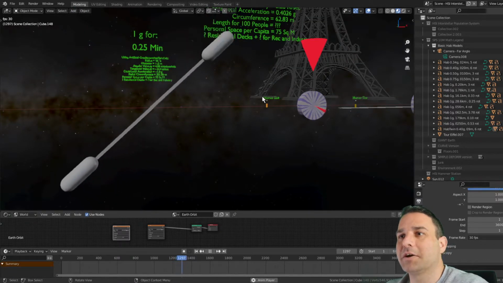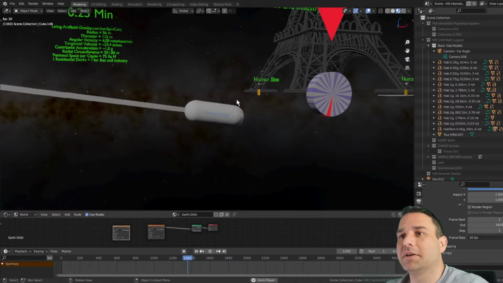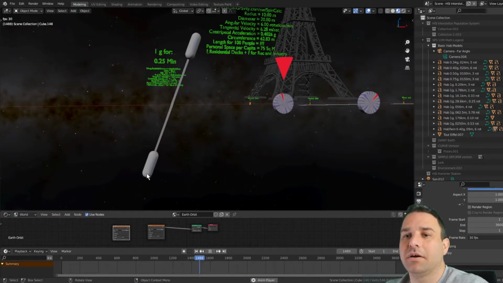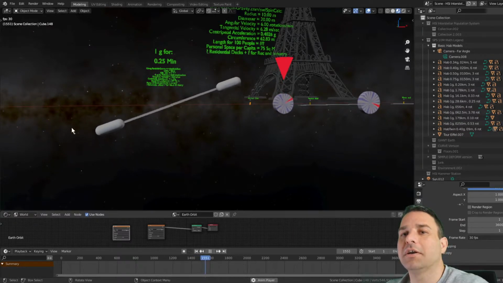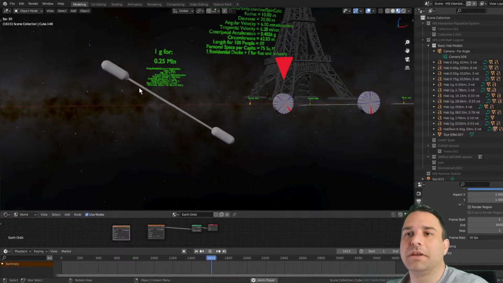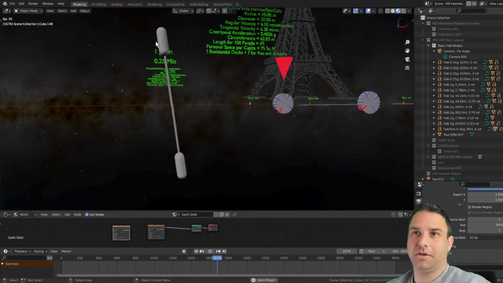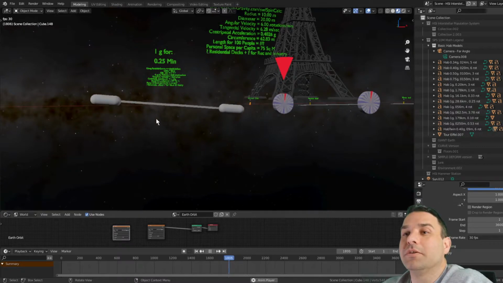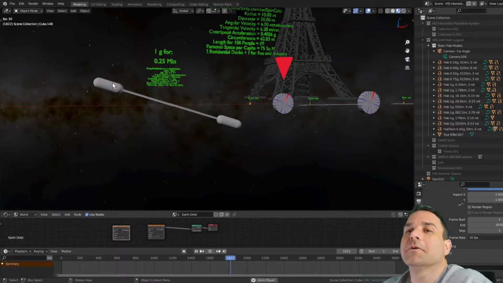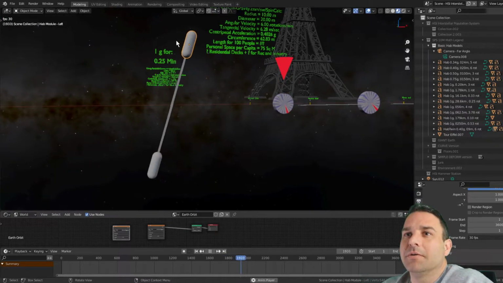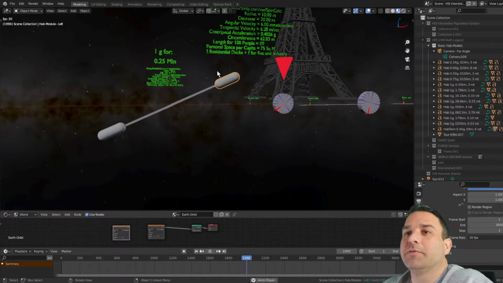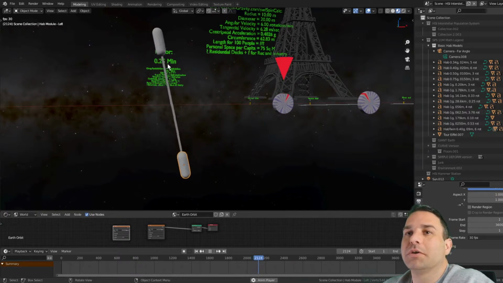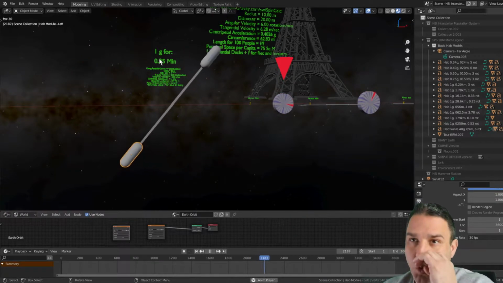Okay, so as you see this habitat coming around, it shows you how tall you are, and of course you'd be standing on the inside, feet towards the outside and head towards the inside, so that you can utilize the spin gravity. So with this scale that we're looking at right here, this is designed to give you 1 g of gravity in a period that's a quarter of a minute.